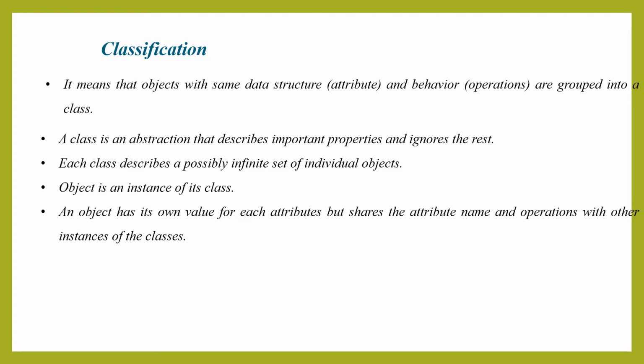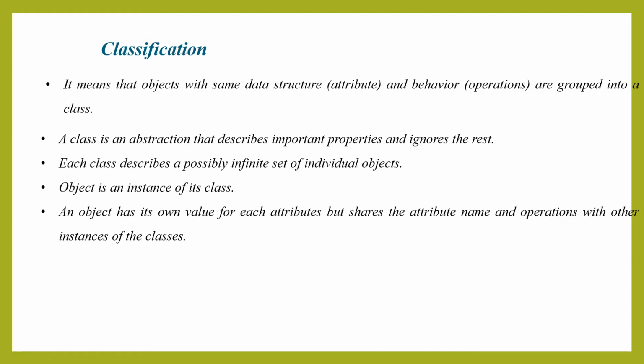A class is an abstraction which describes the properties and ignores the rest, which are not important to an application. Any choice of classes is arbitrary and depends on the application. Each class describes a possibly infinite set of objects, and individual objects can be defined.